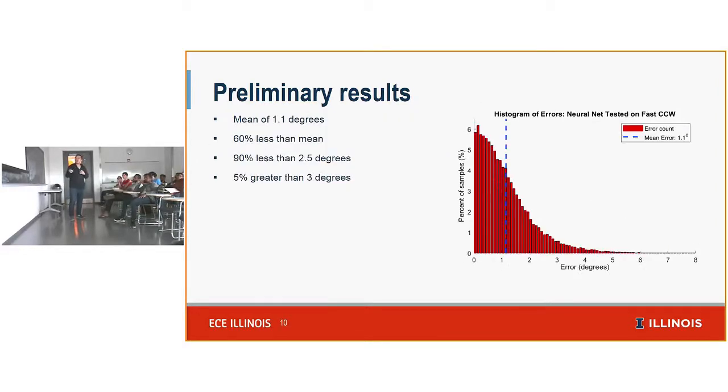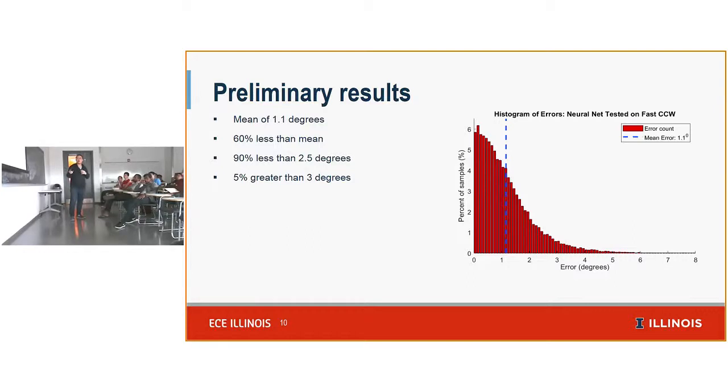And this histogram shows the distribution of the errors for a shallow neural net, and this applies to most of the errors for the recurrent neural net as well.